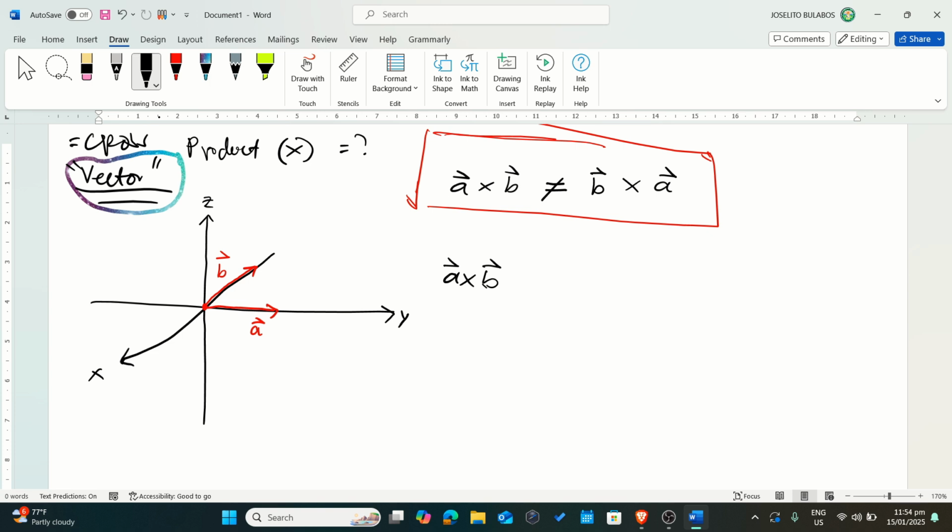Well, the easiest way for us to do this one is to use the matrix formation.